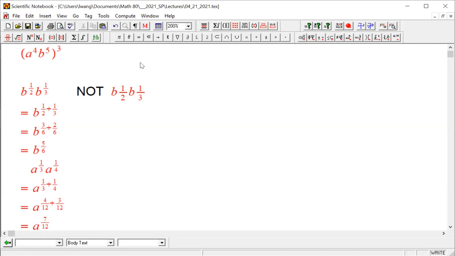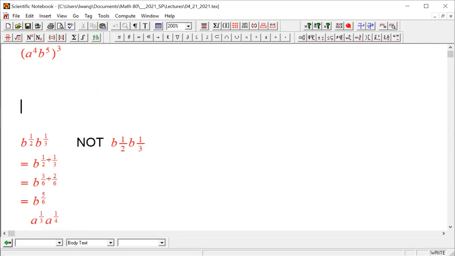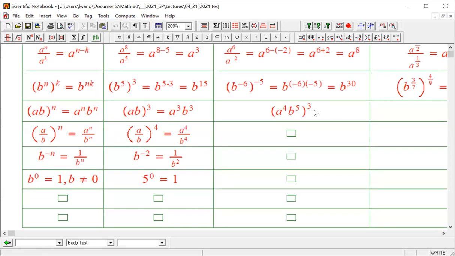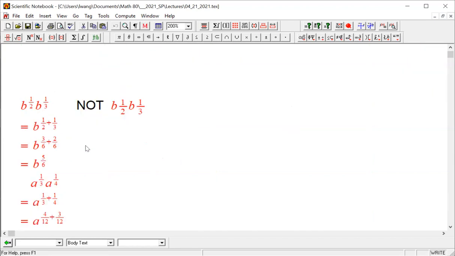How do we deal with that? Right, so I copy this. And the property we can use is this one and more.